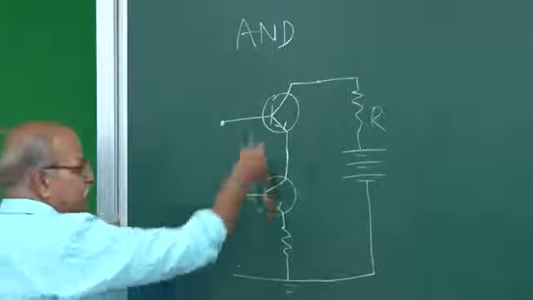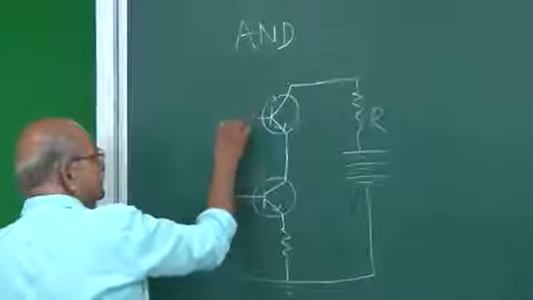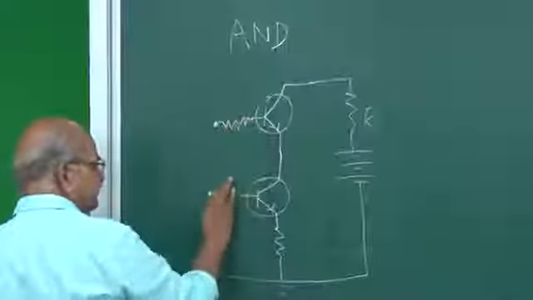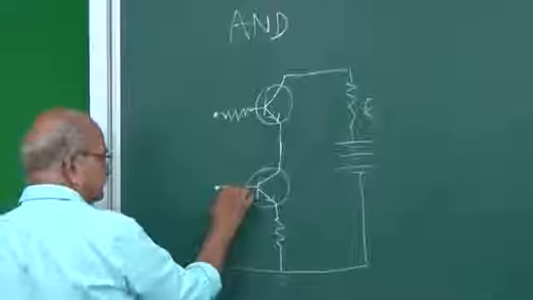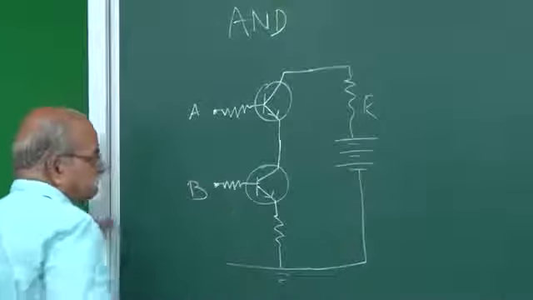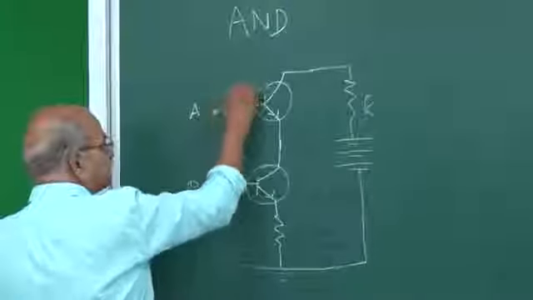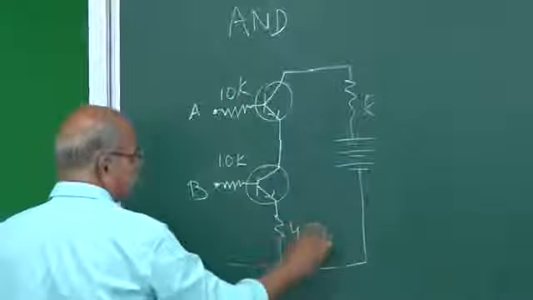So, you can put resistances, here also you can put resistances in the base circuit. These are the input points, typically say 10K here, 10K here, 4.7K here, like that.